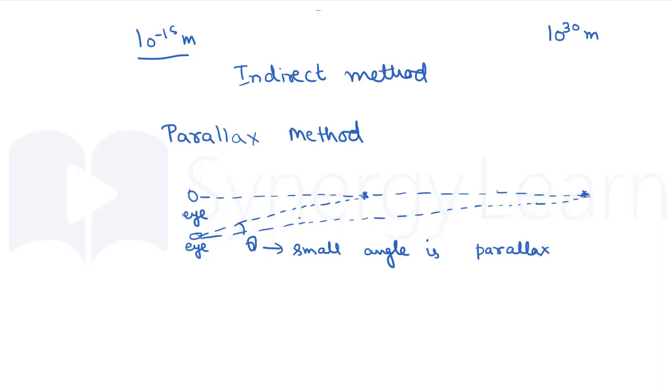That is, these lines are almost parallel. Here, for sake of drawing, we have exaggerated it, but these lines are, we will assume, parallel, very close to each other, with the angle theta being very small. The distance between the two positions of our eye is called basis.